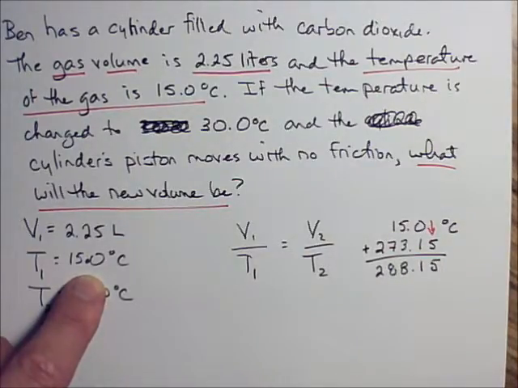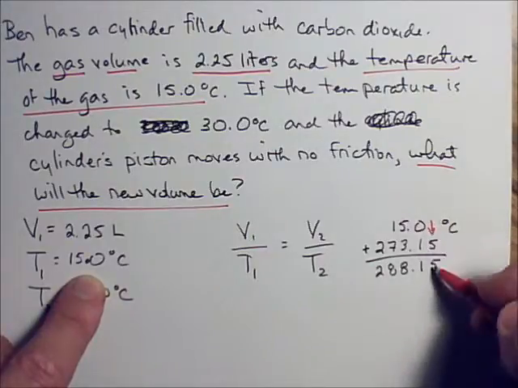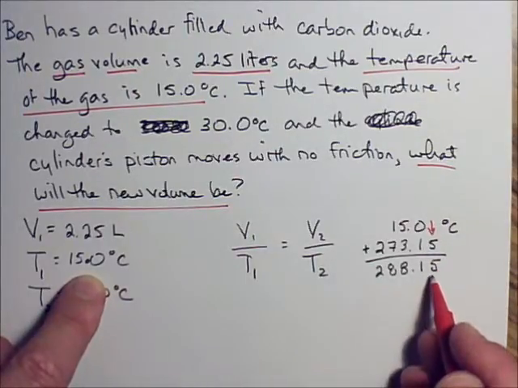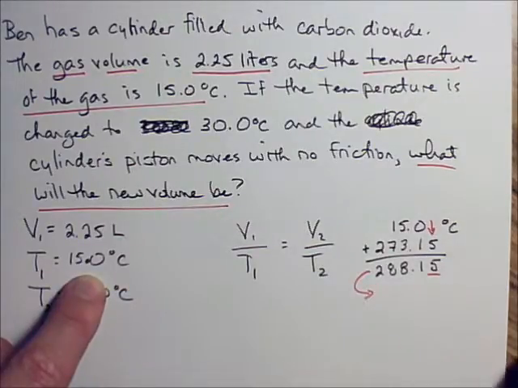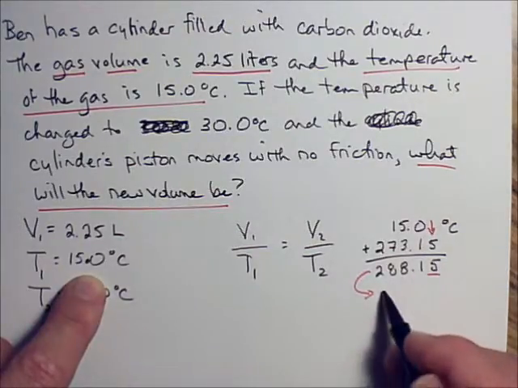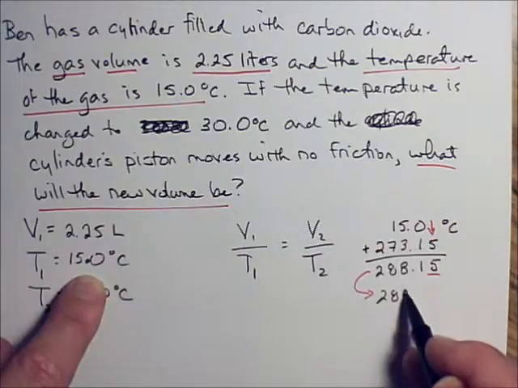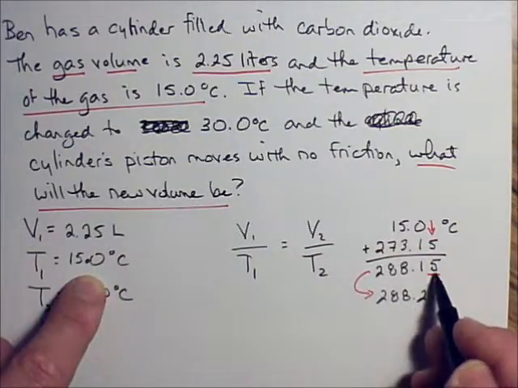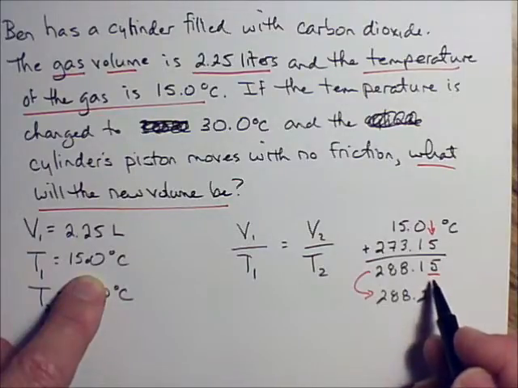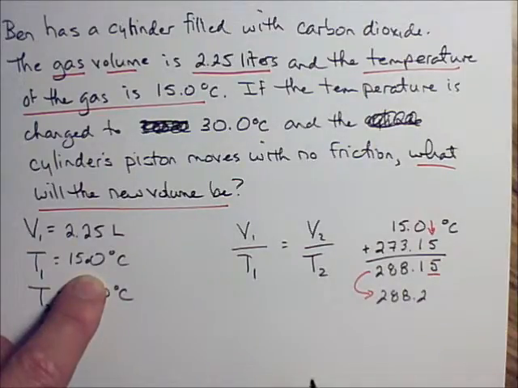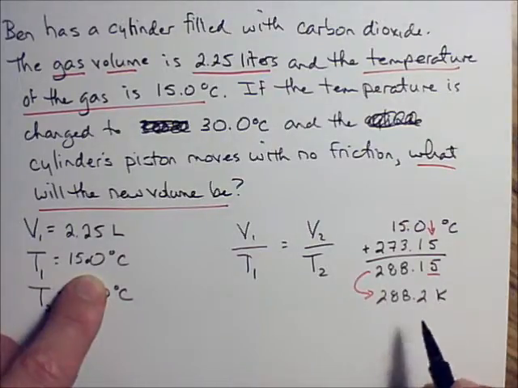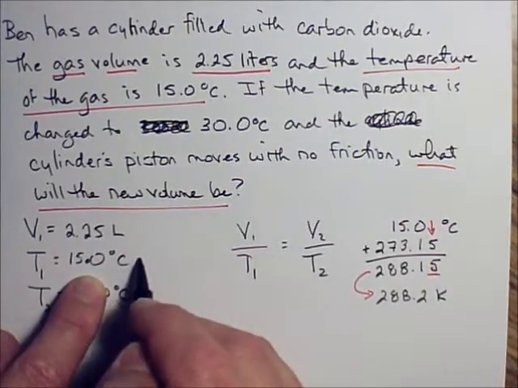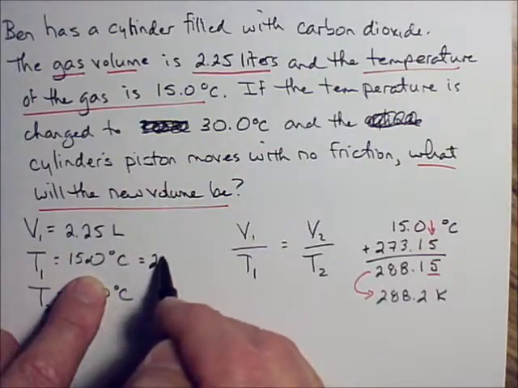Since there's an empty slot in this column, the digit that results gets rounded off. So we're going to round this answer to 288.2. Numbers 5 and above in the first rounded off place, round up the digit it's next to. So this is 288.2 Kelvin, and that's how we're going to use our initial temperature.